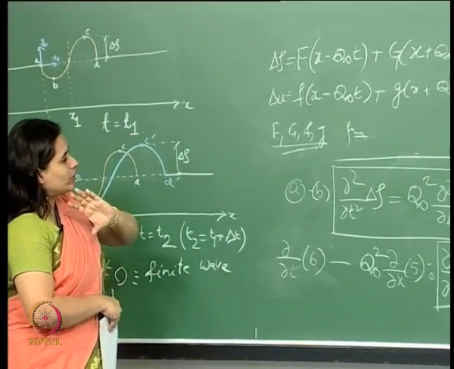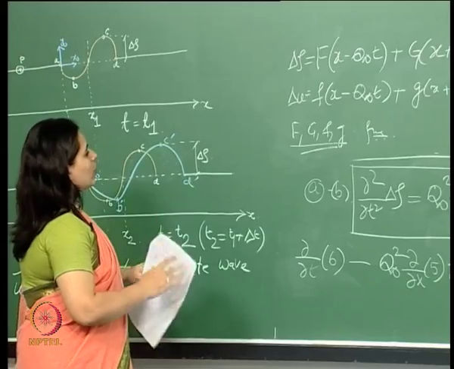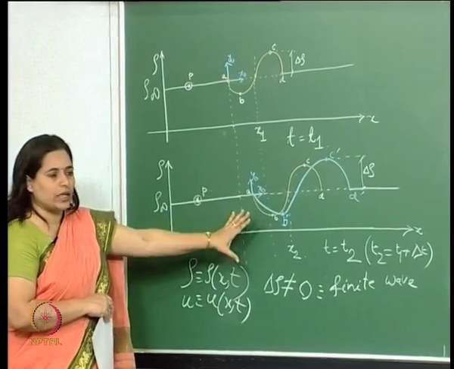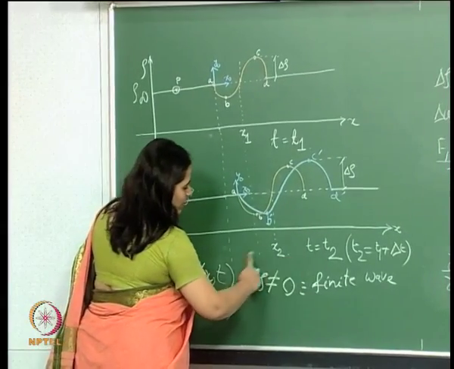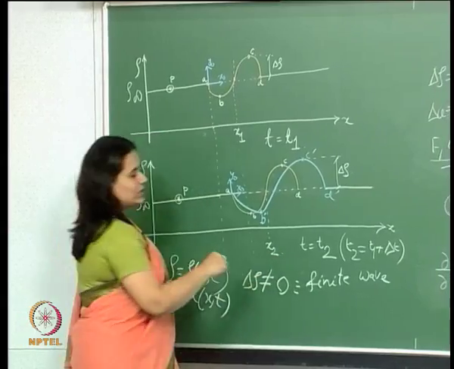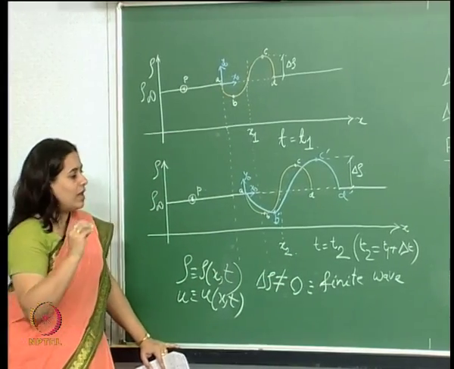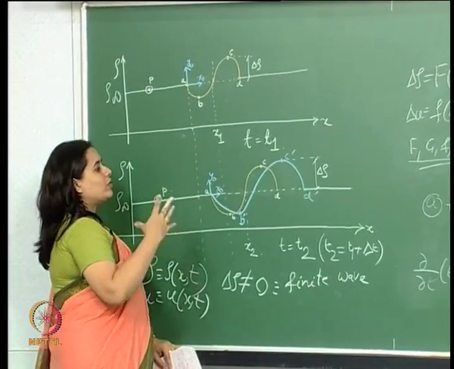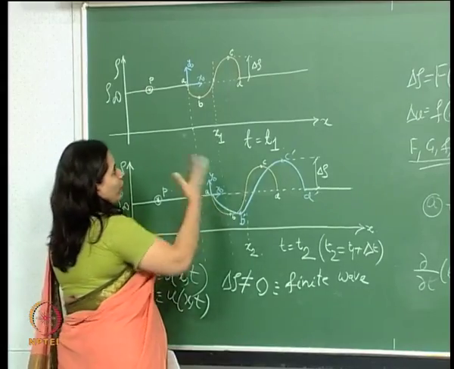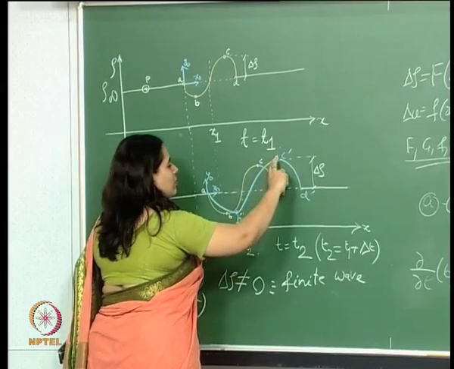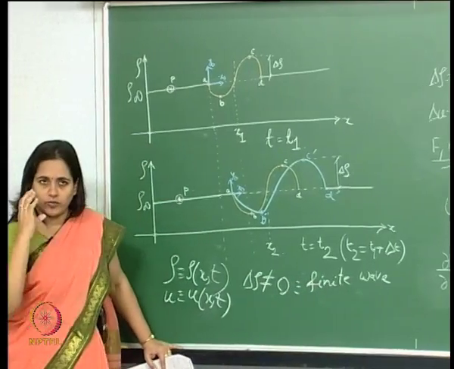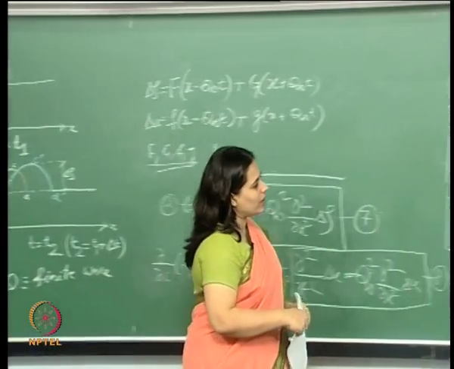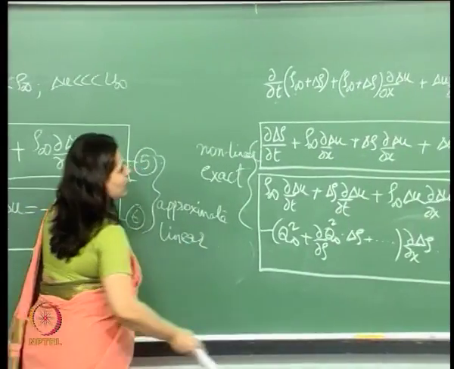The place where I will stop today is that we looked at a picture like this and we said that when this is not 0, or this is not really small, then what we have is a finite wave. We found the governing equations for a picture like this, taking into account these perturbations for the disturbance to propagate, and what we came out with are equations 3 and 4.